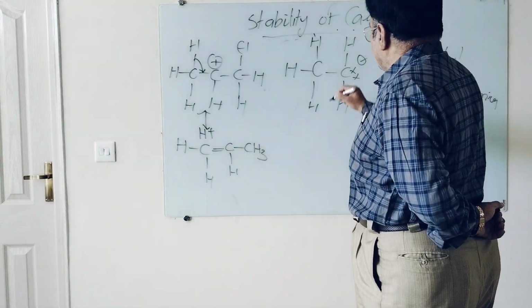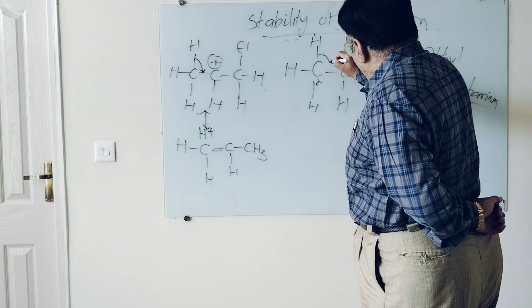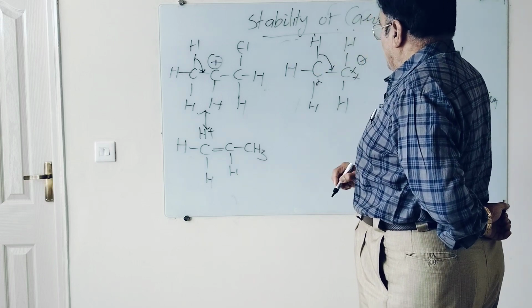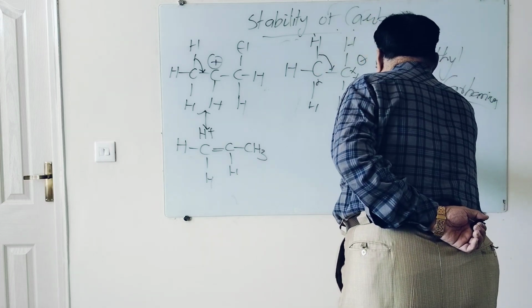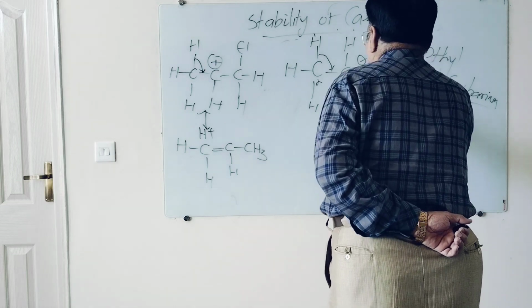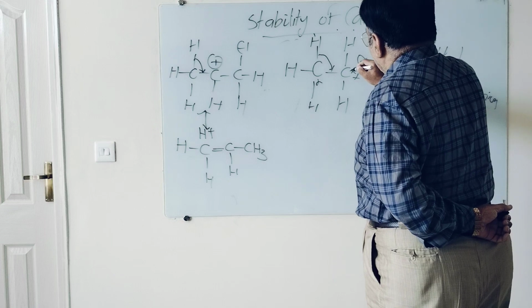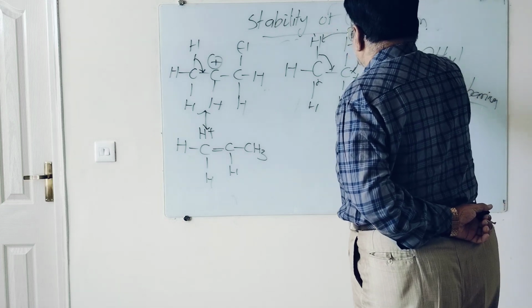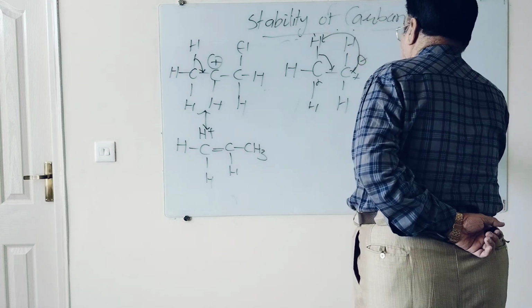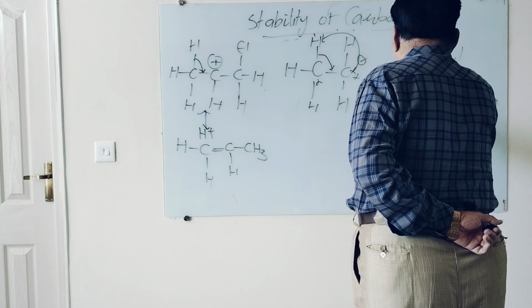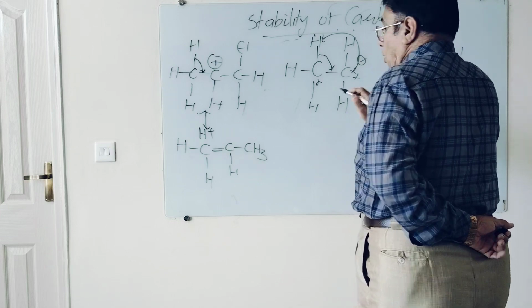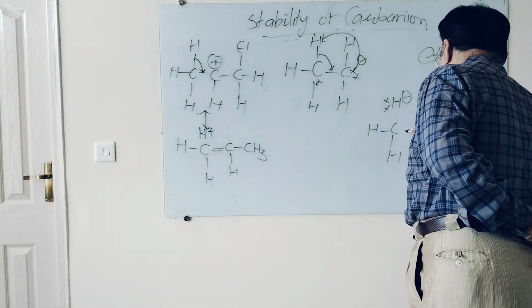Certainly, I can draw the structure. This is the alpha carbon, and any hydrogen will come to this. Because this bond pair is there, the lone pair will move to this hydrogen atom, right? So this is H minus. This is not possible, hypothetically I am explaining.